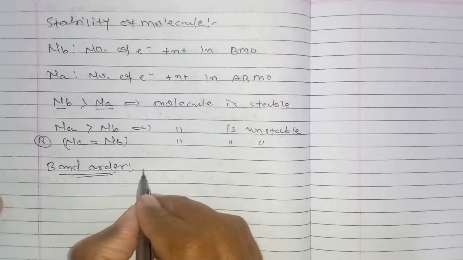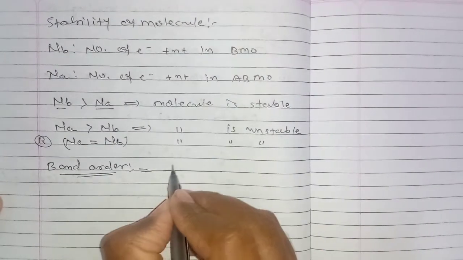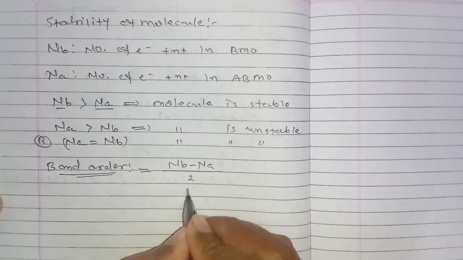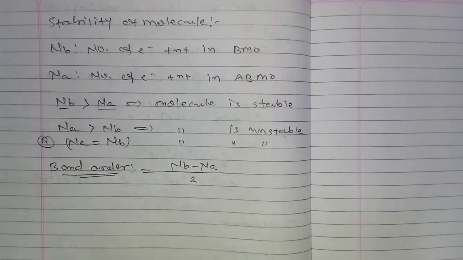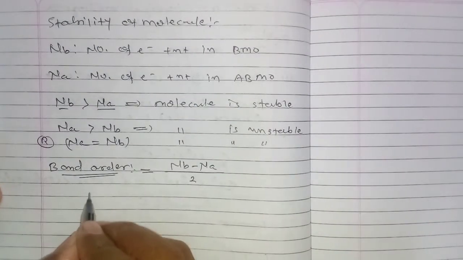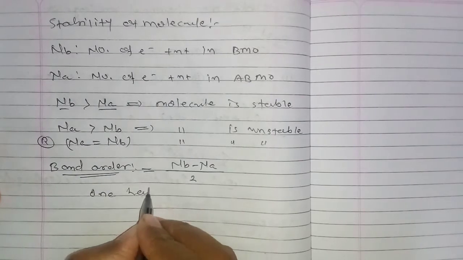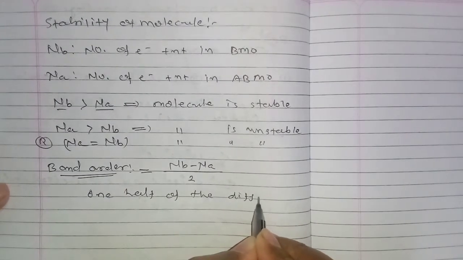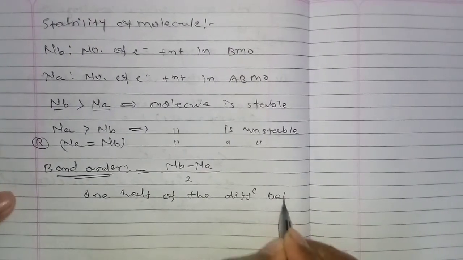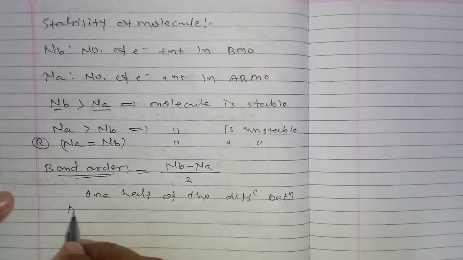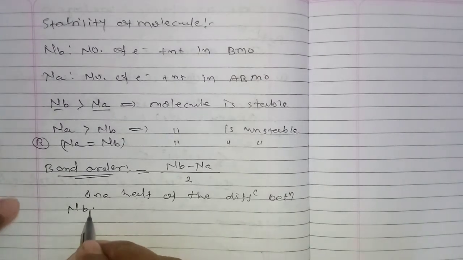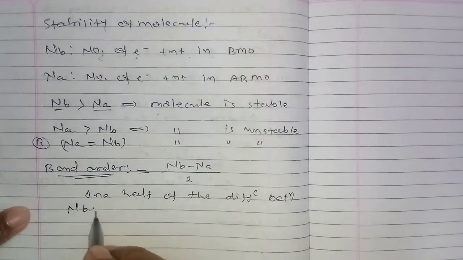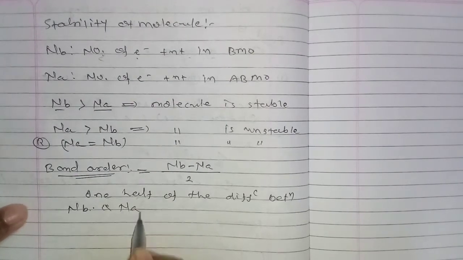Bond order is equal to Nb minus Na divided by 2, or in other words it is defined as one half of the difference between Nb, the number of electrons in bonding molecular orbitals, and Na.